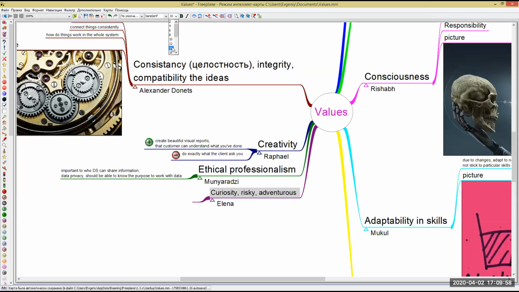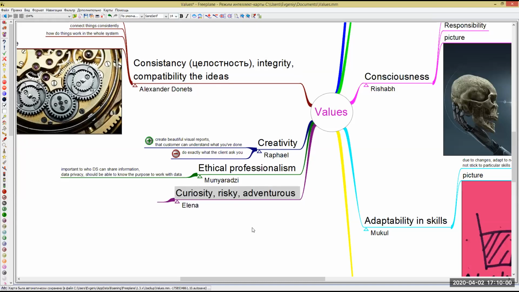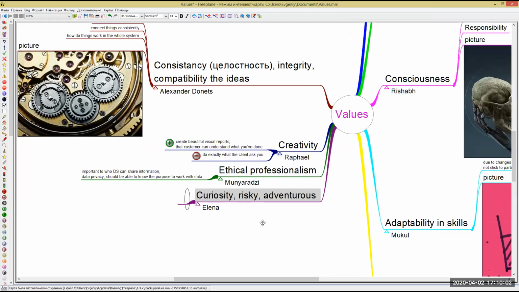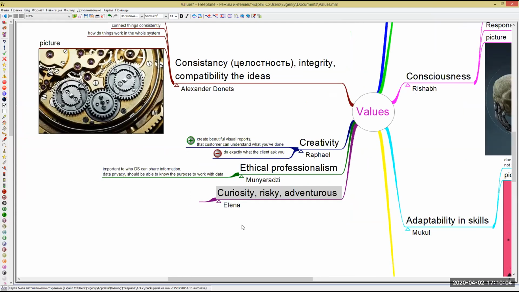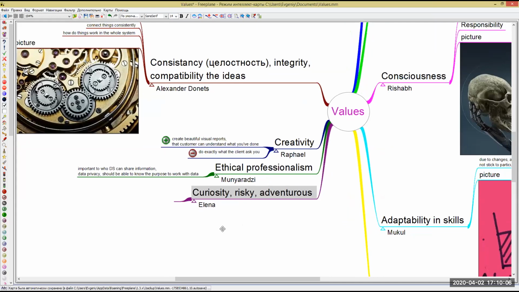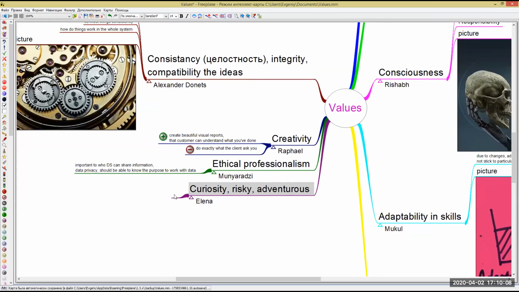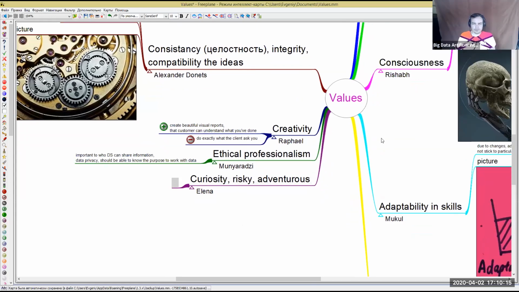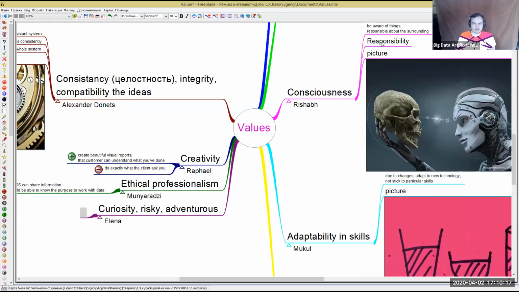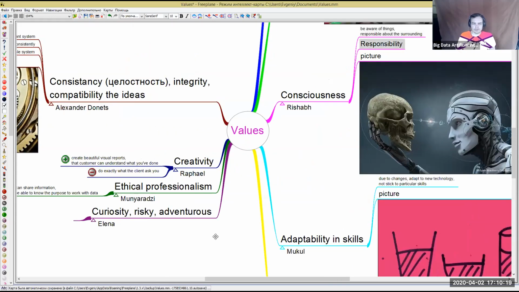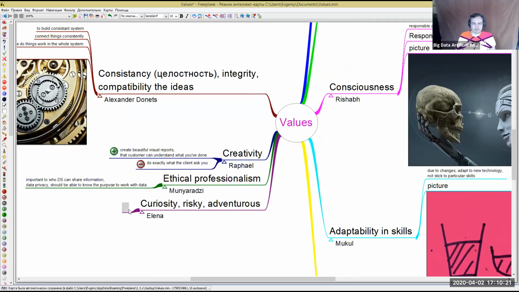Maybe risky is something like responsibility. You're responsible for your decision, even if it can bring something bad. We already have a responsibility, yeah. So here is another sense of responsibility.